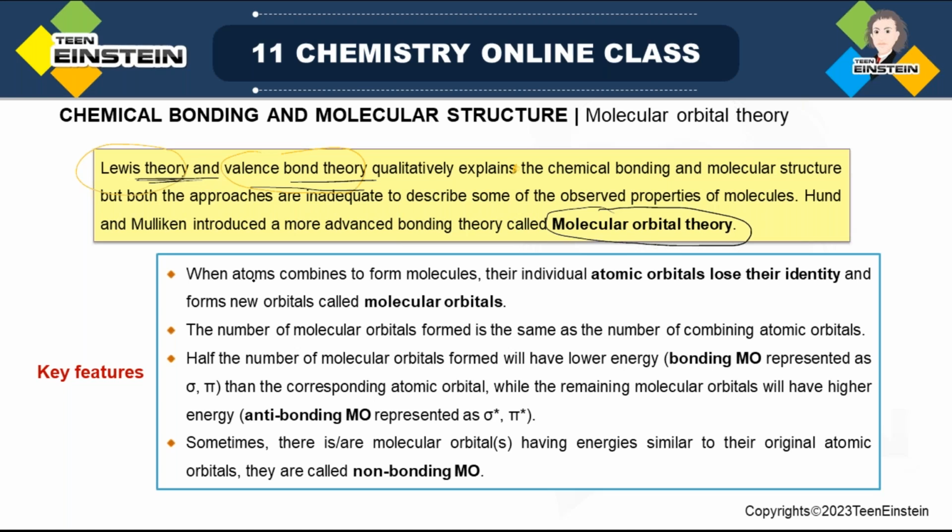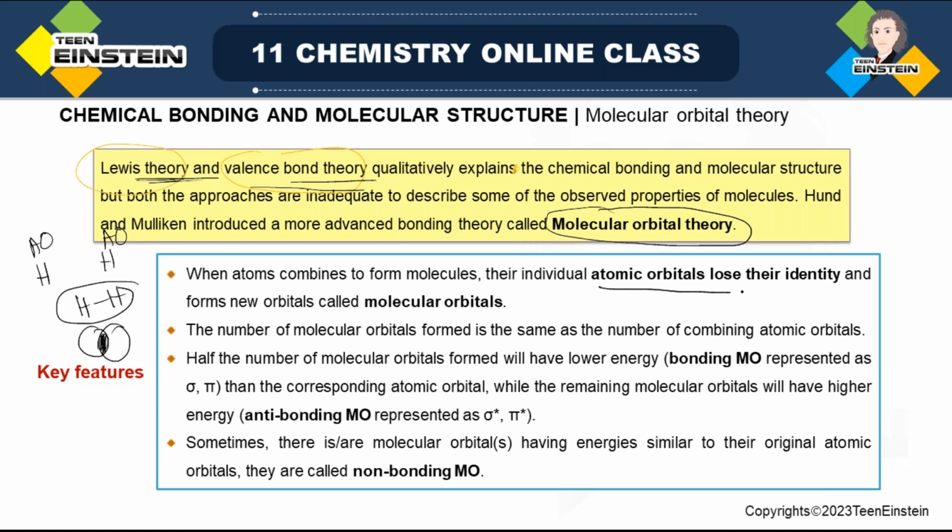Now, when atoms are combining to form molecules, suppose you have one hydrogen atom, then another hydrogen atom, and they are coming together and forming an H2 molecule. So individually it is an atomic orbital for hydrogen number 1, hydrogen number 2. But once they overlap and form this molecule H2, their individual identity is lost.